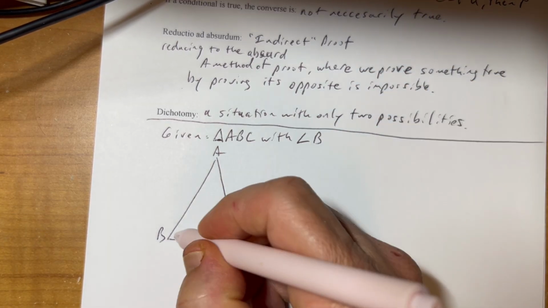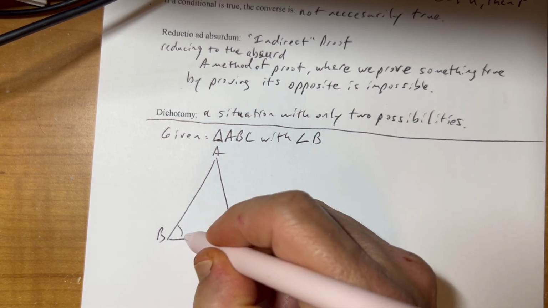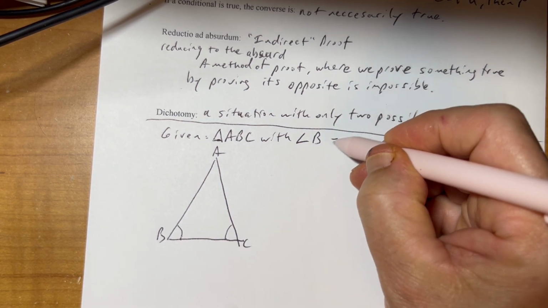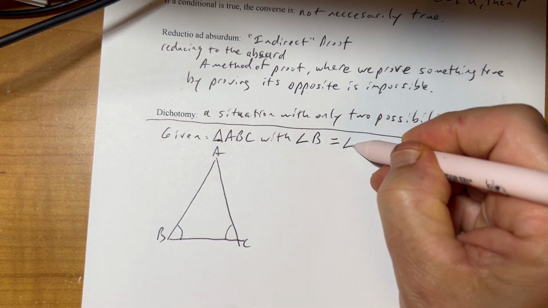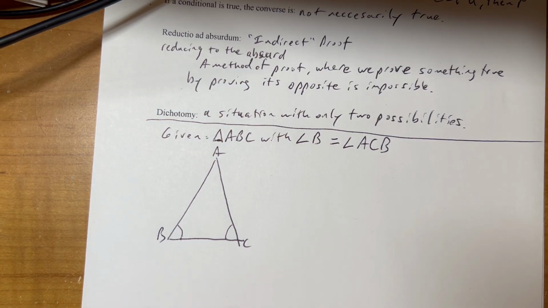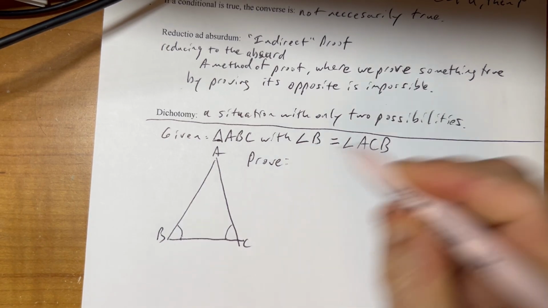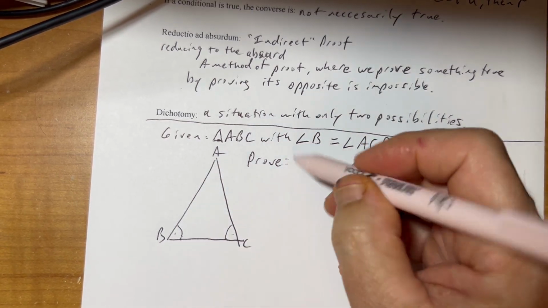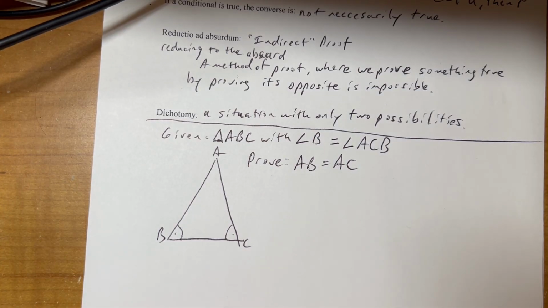And angle B, I'm going to have given to be equal to angle C. Only I'm going to call angle C ACB for reasons that you will find out later. All right? So we have to prove that if these angles are equal, then AB equals AC, and it's an isosceles triangle.